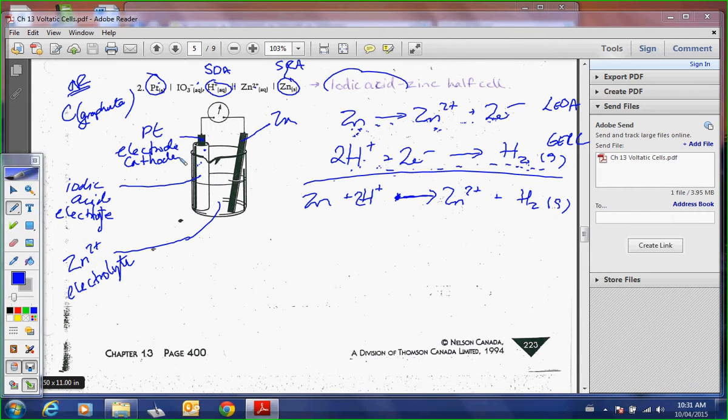Everybody understand that? So the platinum is my cathode, and this is the reaction gaining electrons. And this is my anode, and it is indeed reacting, so it is not inert. What else is last? The flow of electrons goes from the anode to the cathode, so the electrons are going this way.